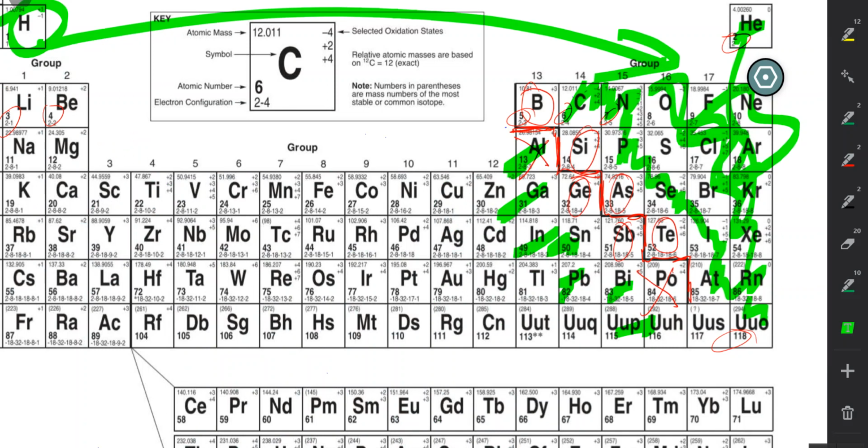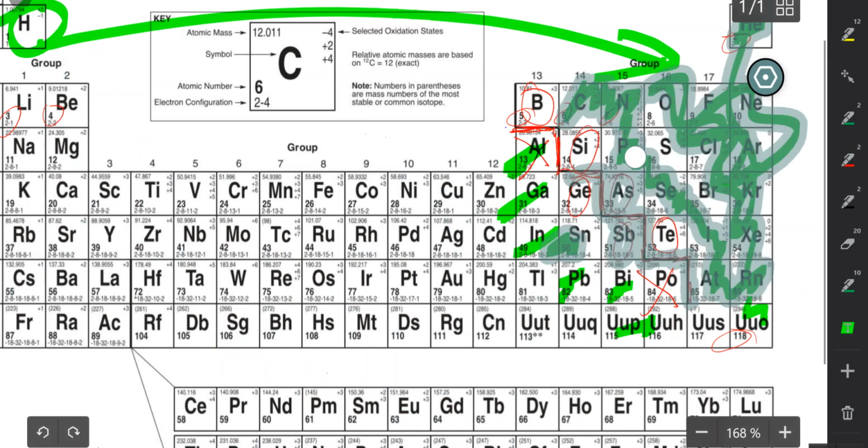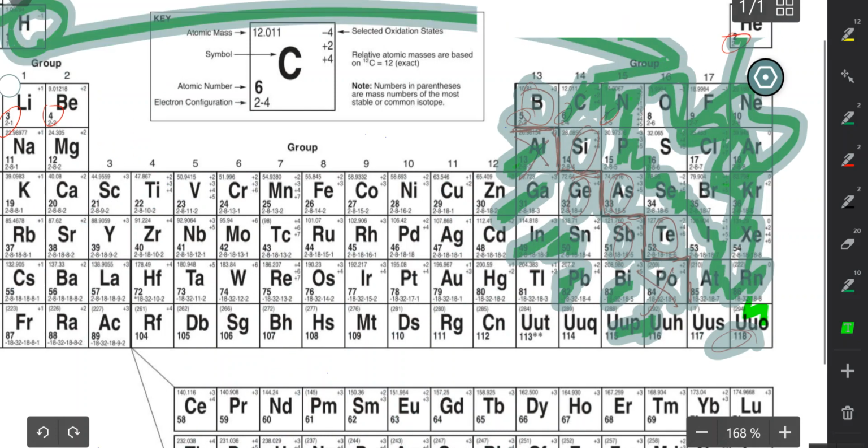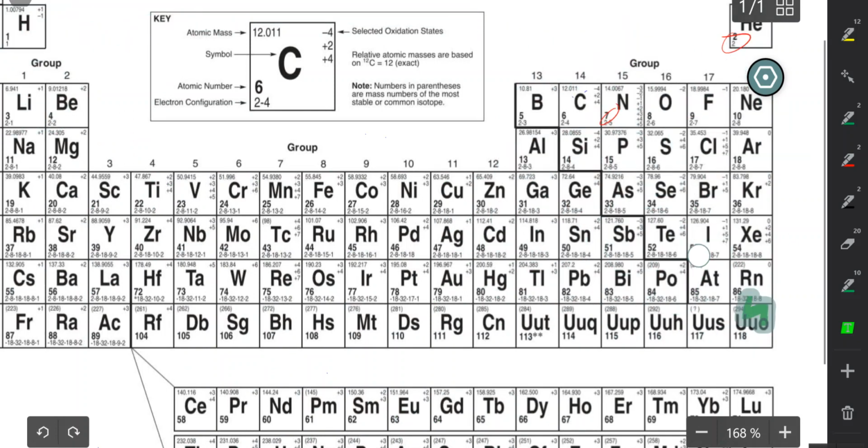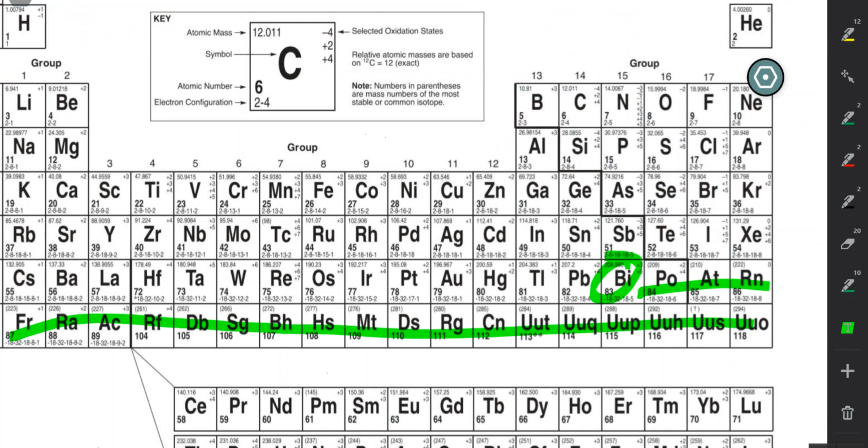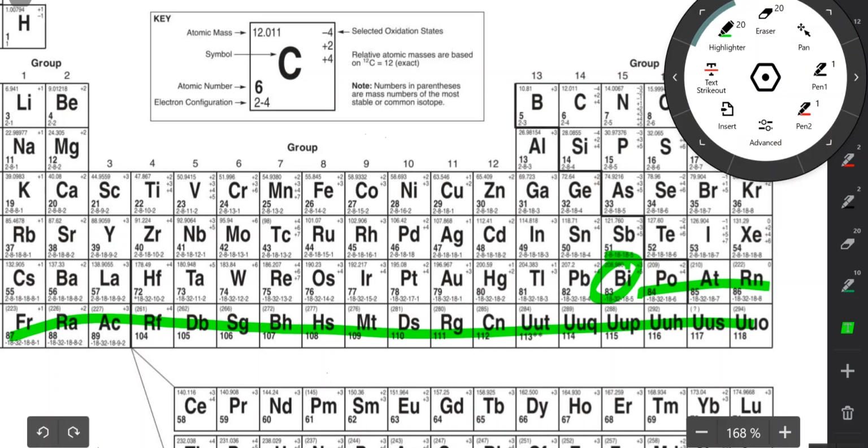All right, now you also have a fourth type of elements, which are the radioactive elements. These are elements number 83 and above. These are all radioactive. The reason why they're radioactive is because the number of protons inside their nucleus does not equal the number of neutrons.